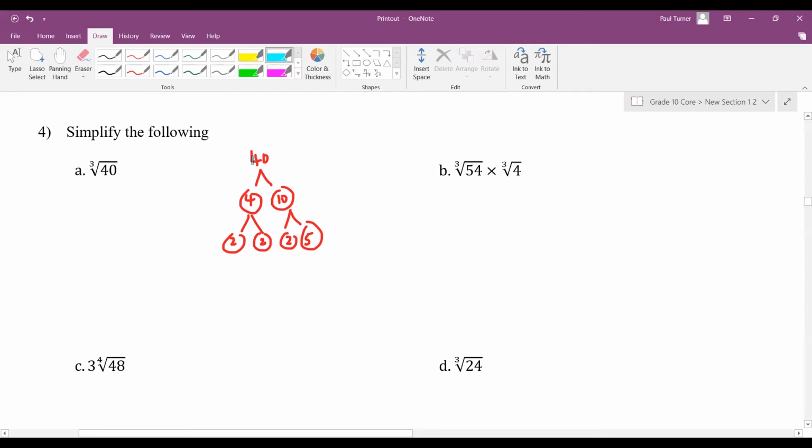So we can see 40 is going to be the same as 2 times 2 times 2 times 5. So that's the first thing you do. So break down your 40 to 2, 2, 2, 5. So cube root of 40 is cube root of 2 times 2 times 2 times 5. So write that down first. I'm going to rub this out because I want a bit of space.